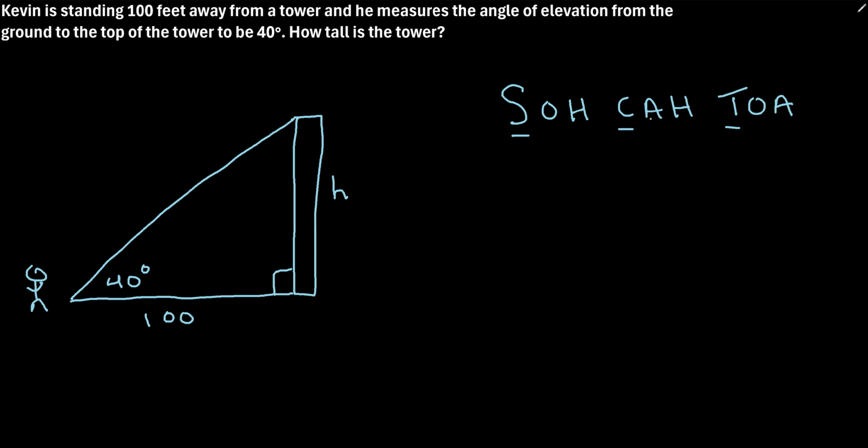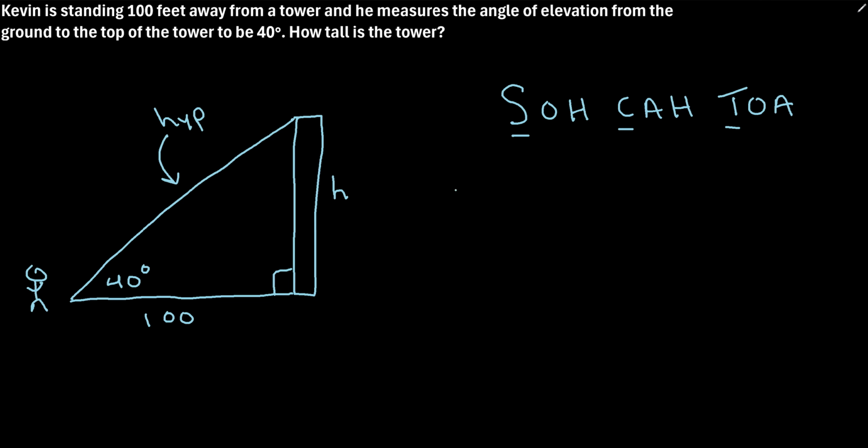The cosine is the adjacent side divided by the hypotenuse, and the tangent is the opposite side divided by the adjacent side. If we look at our triangle, the hypotenuse is this side right here, and we don't know it. So we won't be able to use sine or cosine because both involve knowing the hypotenuse. So we're going to have to use the tangent.